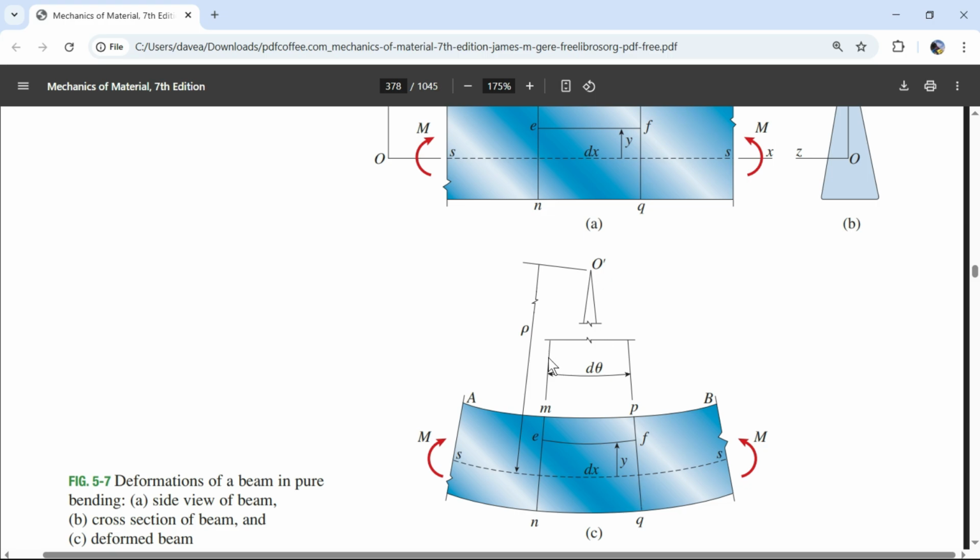And what happens is that sheet of paper played out this change in angle. If this was flat or neutral, the change in angle, so this tangent now has an increase in its angle that's equal to d theta.